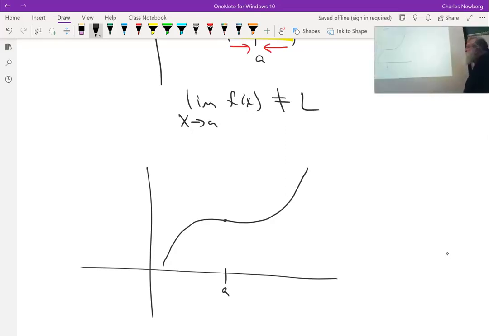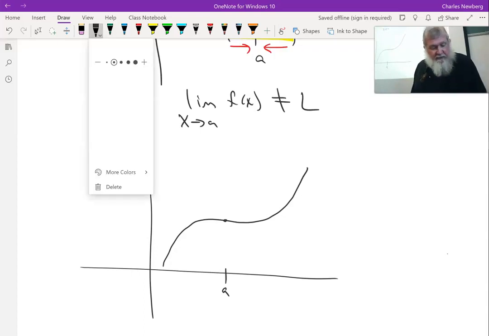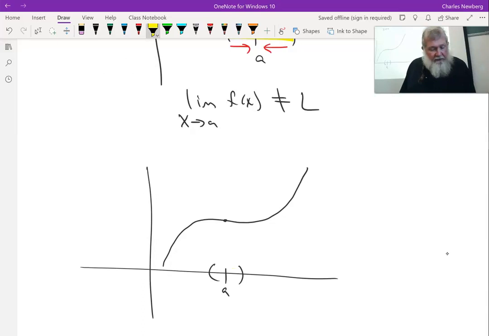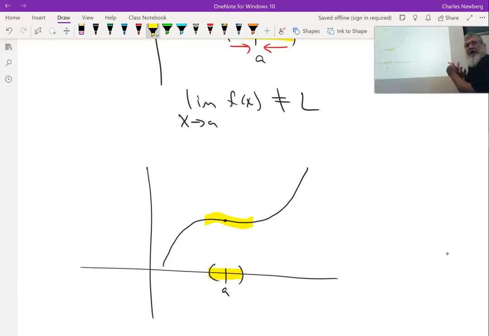First off, can we get some small interval? It just has to be a small interval. It can be as big as you want, but as long as we can get a small interval, so let's take a small interval around A. So I'm looking at all these x coordinates there. If we come up and find their points on the graph, what would that look like? It'd look like this piece right there. Those are the actual points there on that graph.